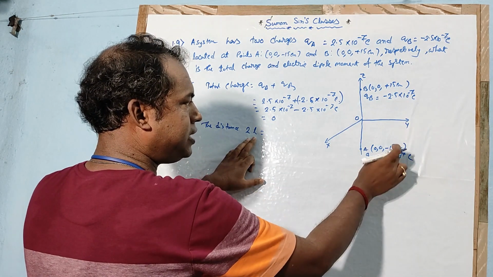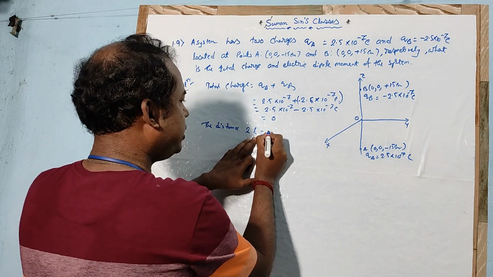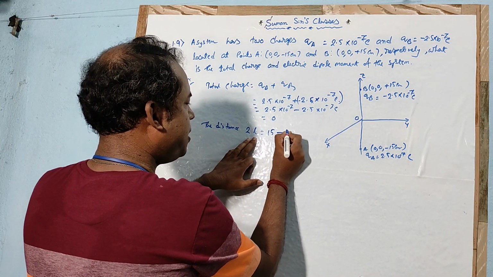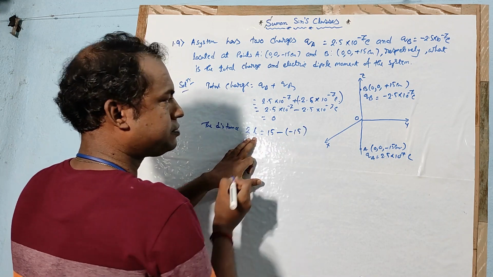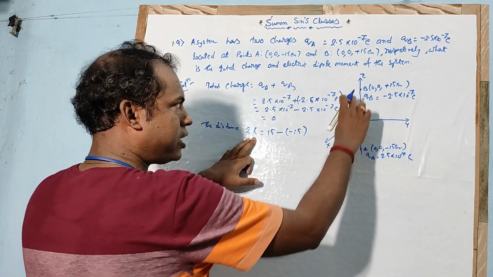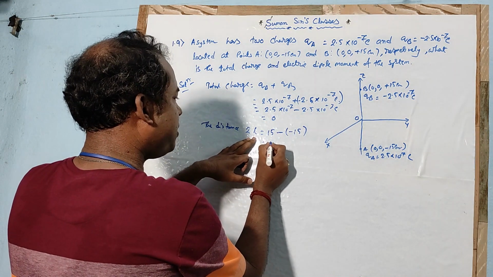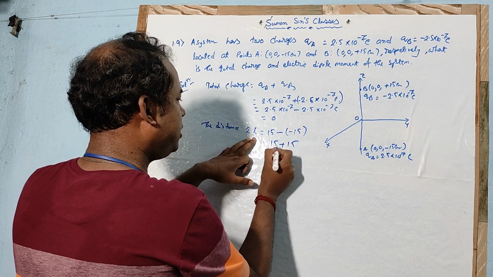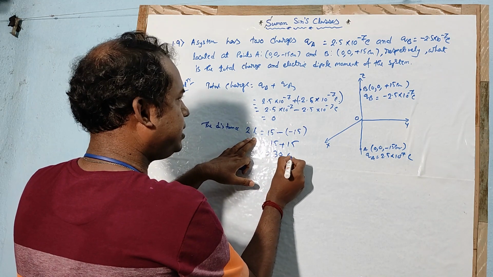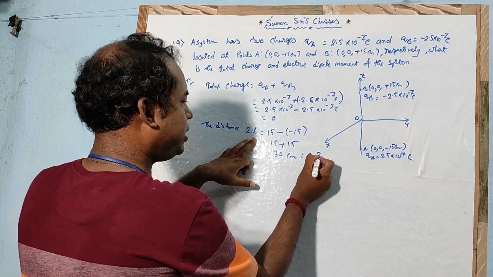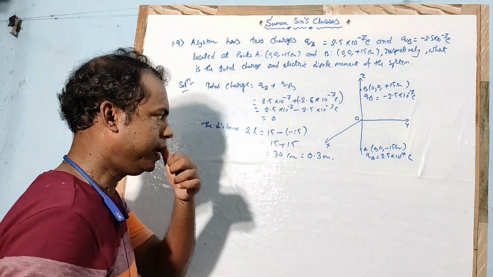This one is 15 and this one is obviously 15, so 15 plus 15, that is 30 centimeter. That means 0.3 meter.